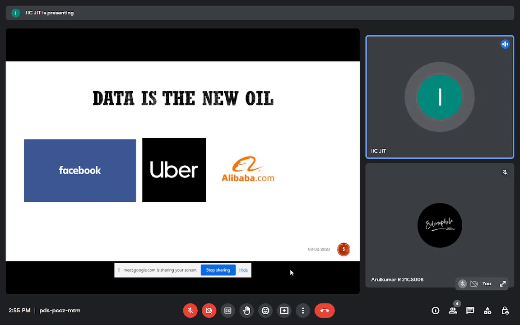The car is owned by somebody. People only use an app. A consumer uses an app. A taxi driver uses an app. There is some software, some hardware, some GPS, and voila, you are connected to Uber. This is the power of data. Imagine millions of cars across the world connected through an app.